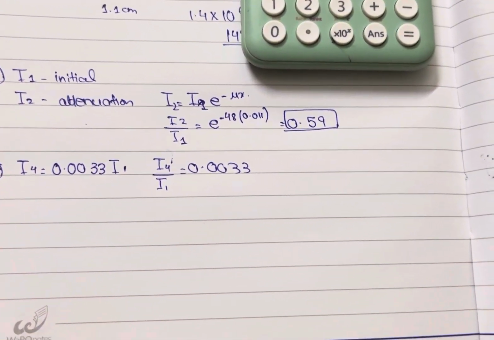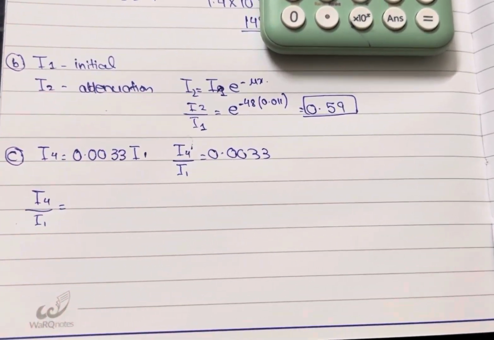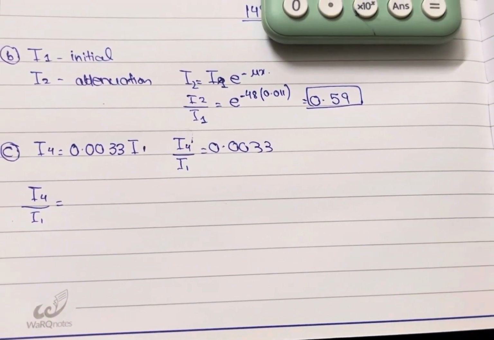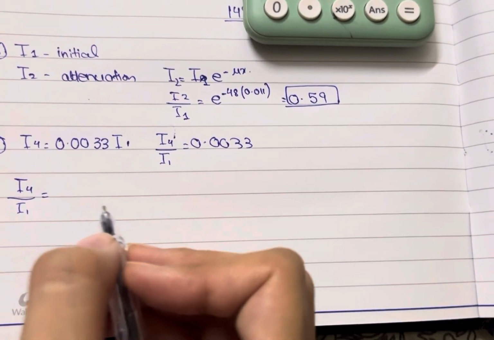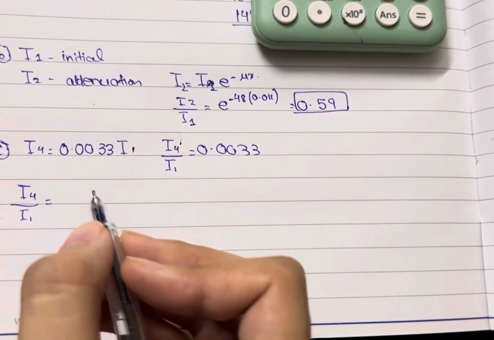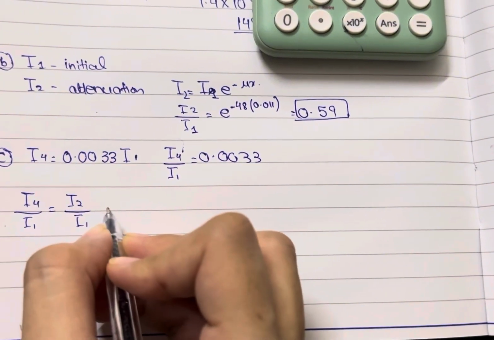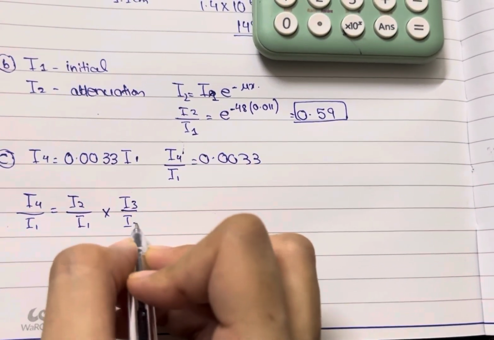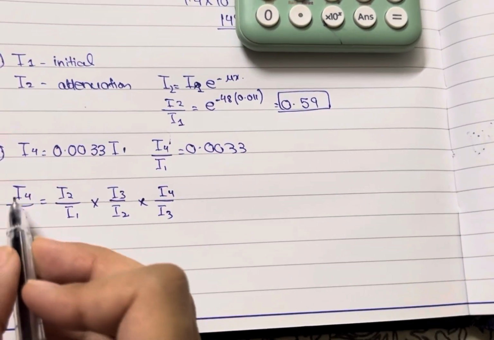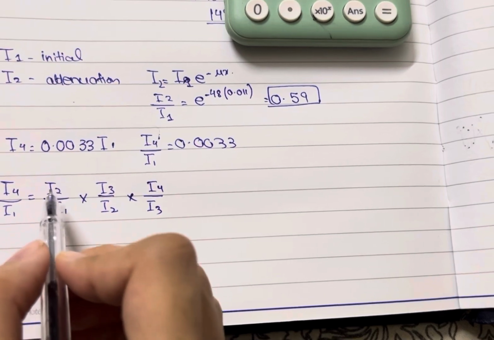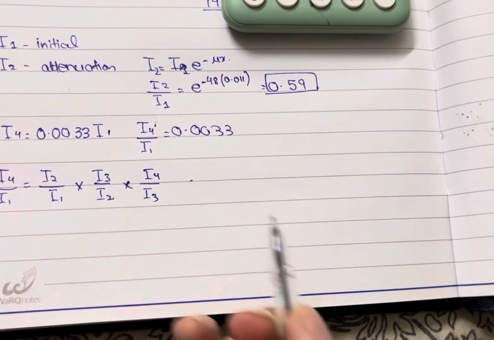In simple words, I4 over I1 is like final state over initial state, and that is equal to everything that happened to the ultrasound on its journey from I1 to I4. That is I2 over I1, and then I3 over I2, and then I4 over I3.